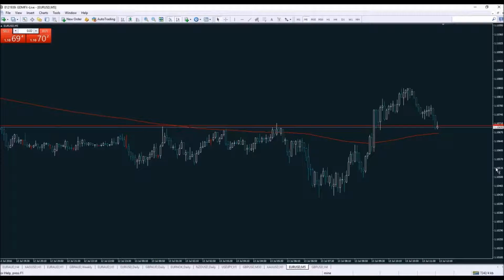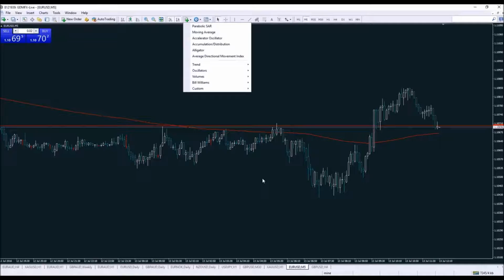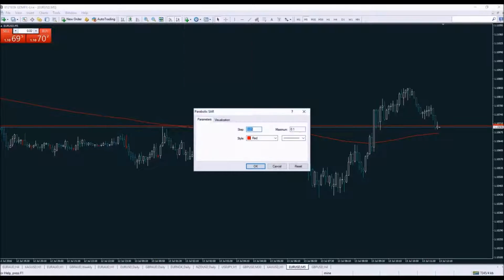Getting back to our system today, ladies and gentlemen, we have to have our parabolics. For the fast parabolic here, as you can see, I have made a step of 0.01 and a maximum of 0.1.